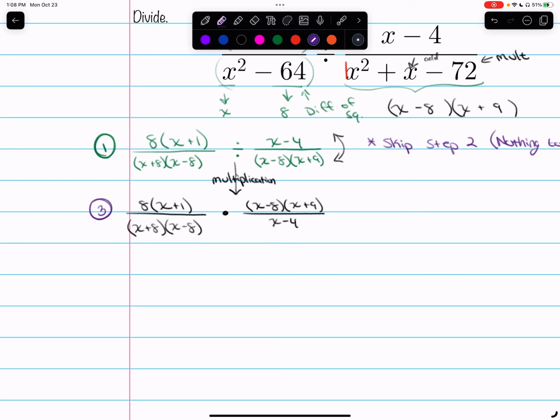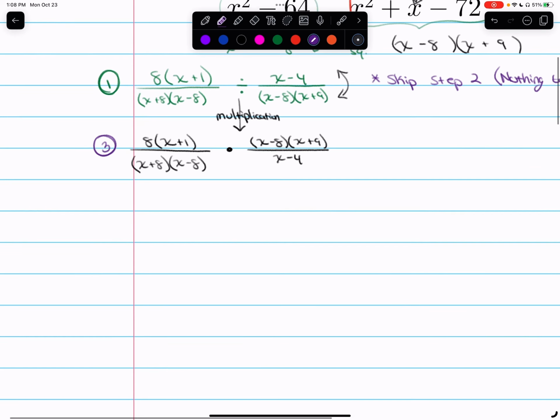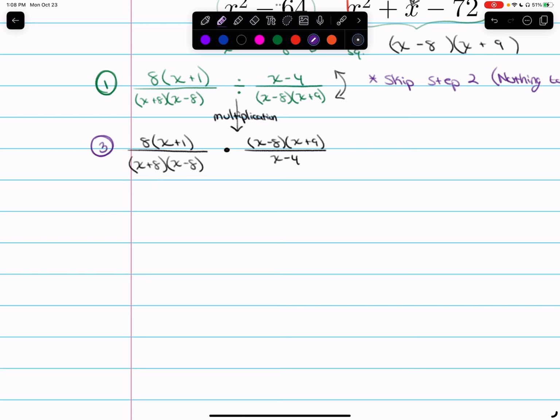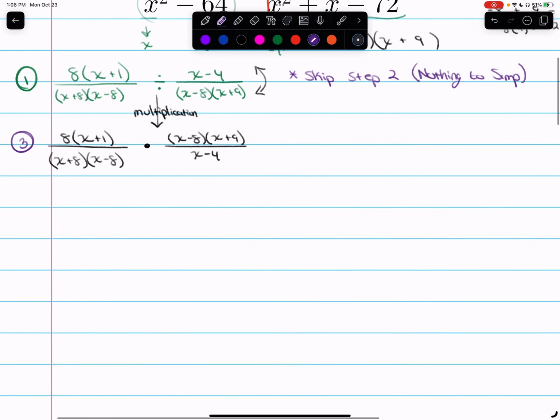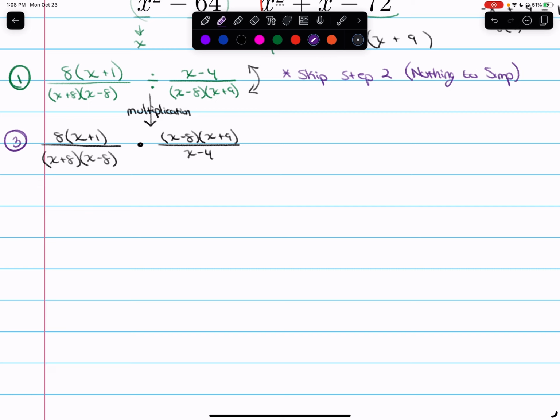Okay, step 4 is the same as multiplying. Now we're just going to smoosh everything together. Okay, we're going to follow those same steps we did for multiplying rational expressions. So I'm going to smush everything across the top.